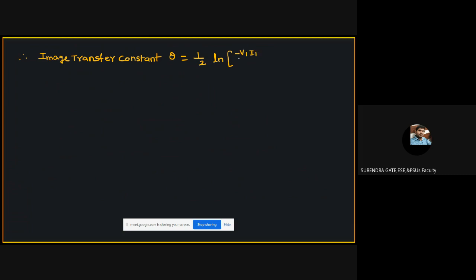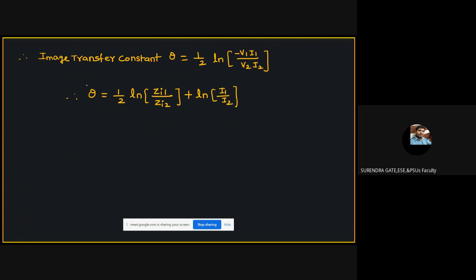By derivation only we can get this. Then by simplifying, we can get theta equal to half into ln of ZI1 plus ZI2, I'm writing in terms of image impedances, plus ln of I1 by I2.